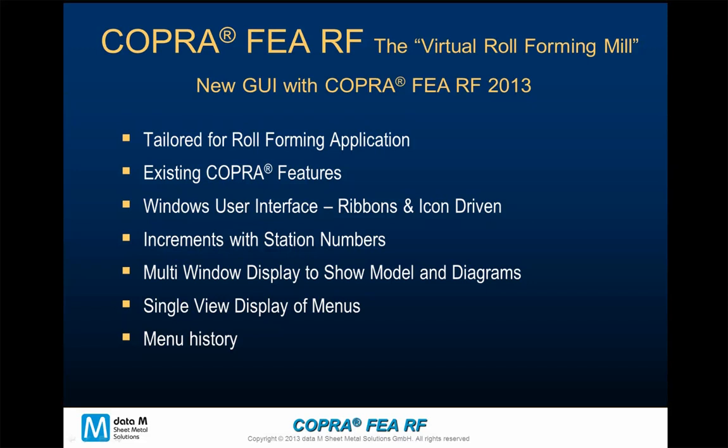But now we have a Windows user interface, which are ribbon and icon driven. And we can now increment with station numbers, have the possibility for multi-window display to show models and diagrams, and we can have single view display of menus, and we have a complete menu history, where we've been and what we've been doing during our post-processing efforts.